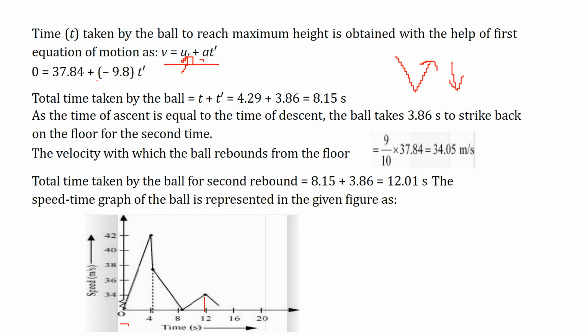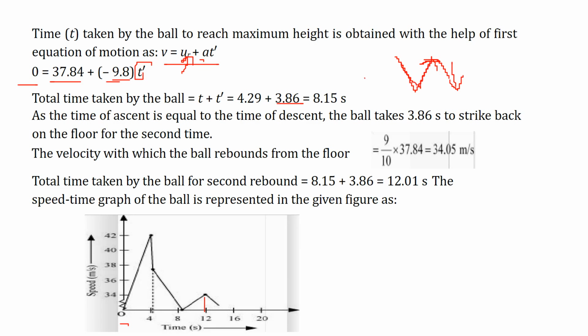The acceleration is like this, gravity. So we'll use minus this, and again it is going to be at rest, so the final velocity will be 0. Initial velocity is 9/10 of the velocity we found, and the gravity will be minus 9.8. So what will be the time t dash? If you find this out, it will be 3.86.